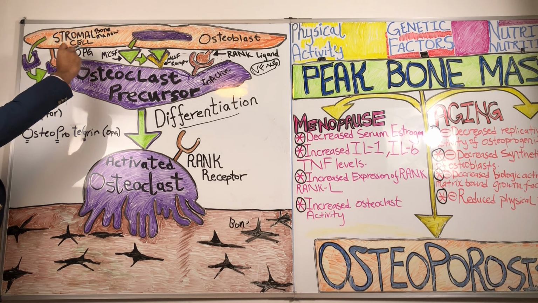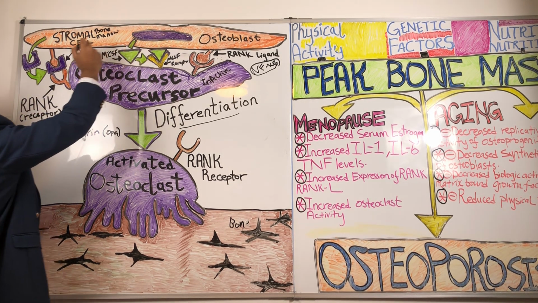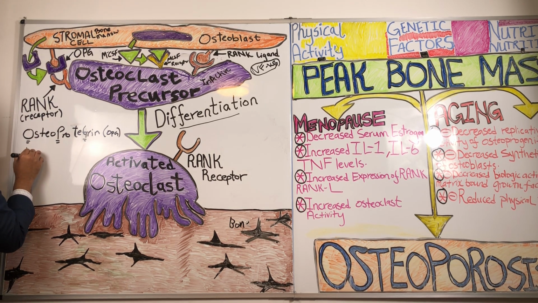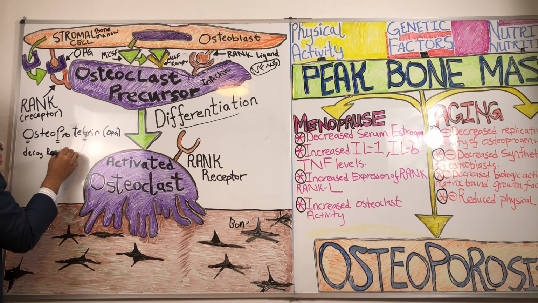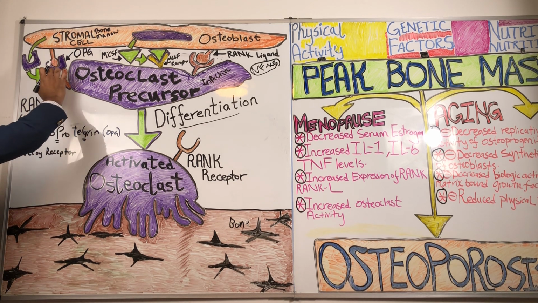Osteoprotegerin is right here. It is secreted by the osteoblast. It's a decoy. So osteoprotegerin is a decoy receptor that would block the binding. It acts just like a contraceptive, just like a condom.